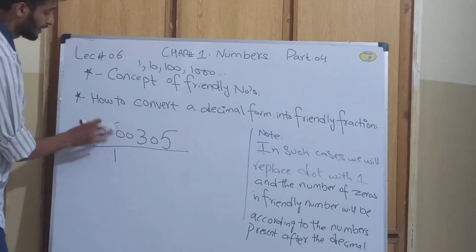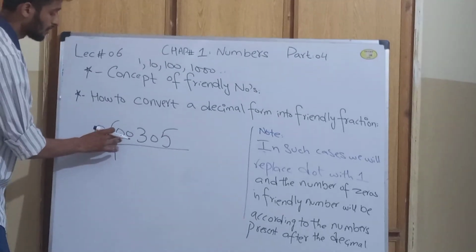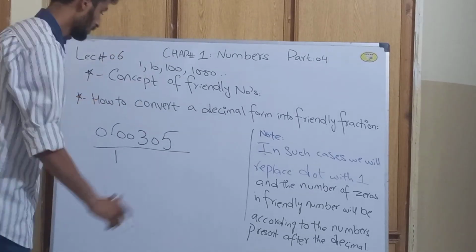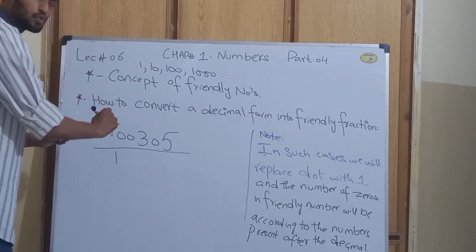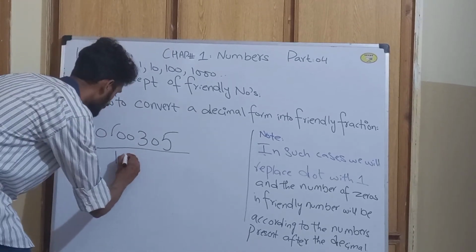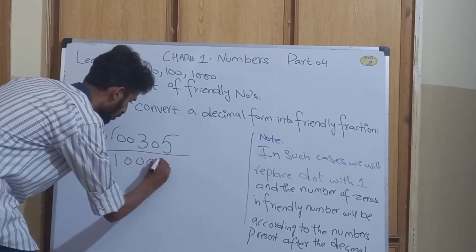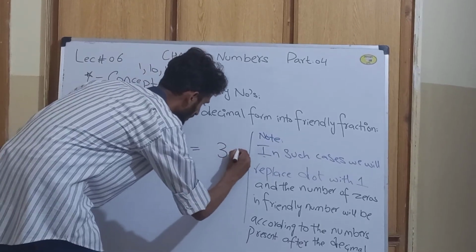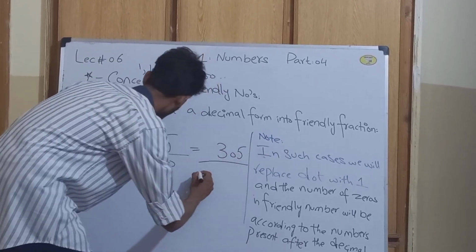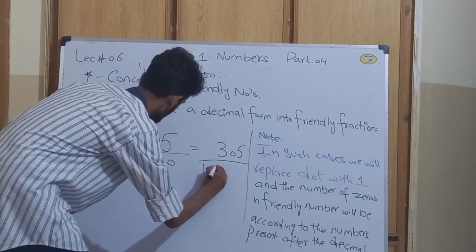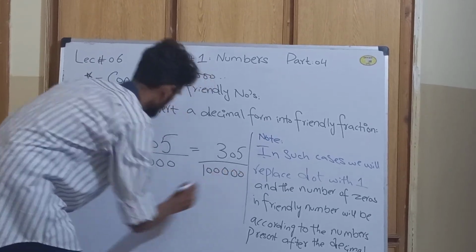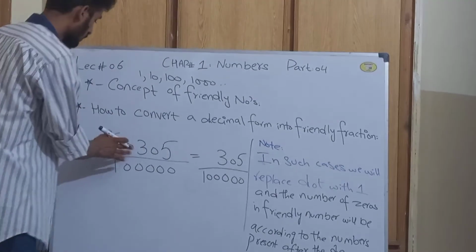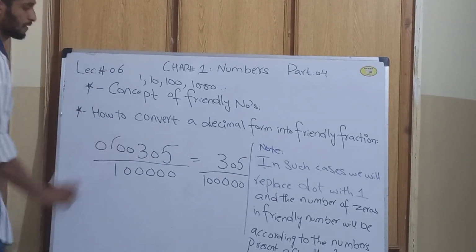For example, here after the decimal 1, 2, 3, 4, 5 numbers are present, so we will write 5 zeros after this 1. Our answer will be 305 divided by 100,000. On the left side, zeros have no value. That's why I removed these zeros.